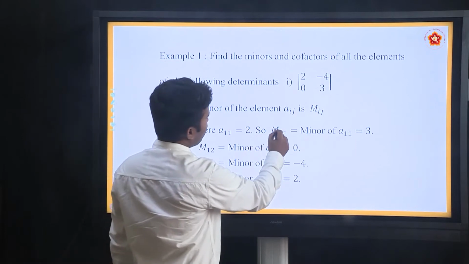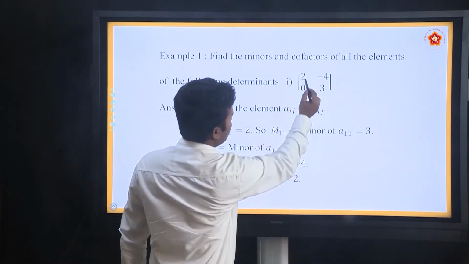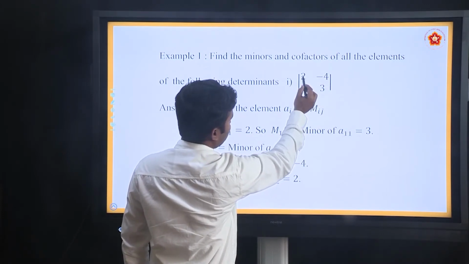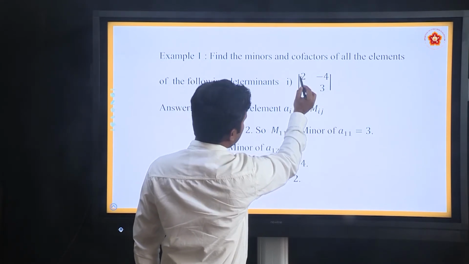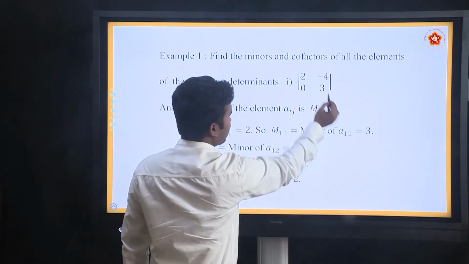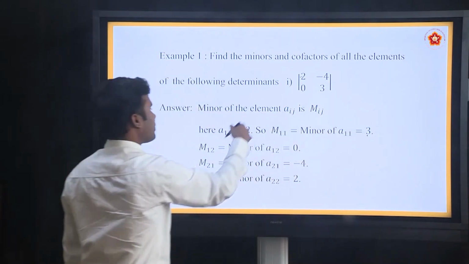Then M11 denotes the minor of this element 2. Now we are finding the minor of this particular element. You just delete the first row and first column, and what is left in the determinant is 3. That 3 is nothing but the minor of the element 2.